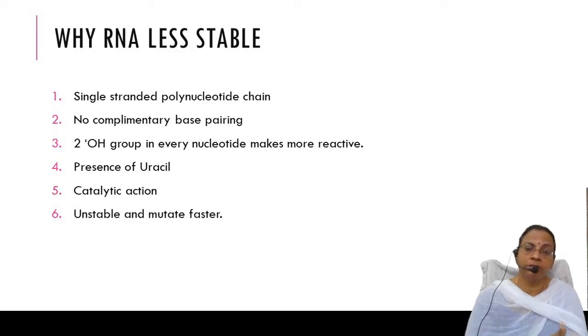When the question is asked why DNA is more stable, you can write it another way. The DNA strand consists of two polynucleotide strands with complementary base pairs. And it is arranged in the form of a spiral helical structure, which is more stable. That structure itself gives them additional stability.